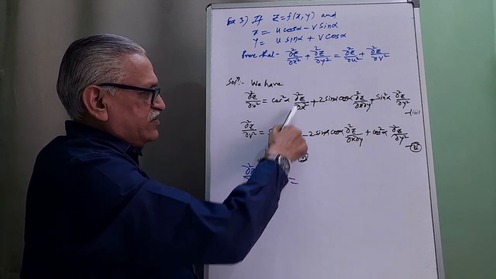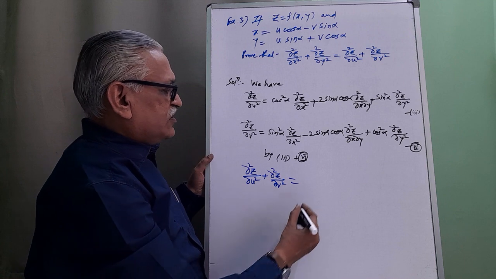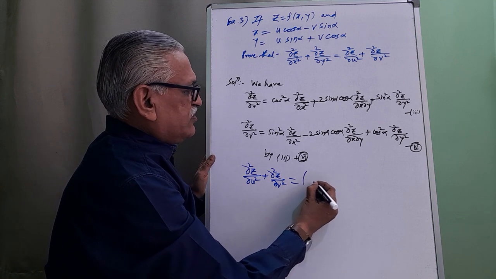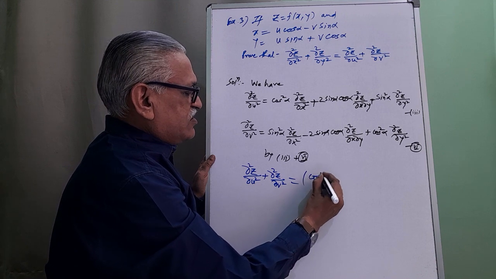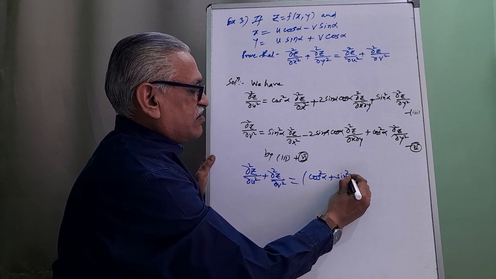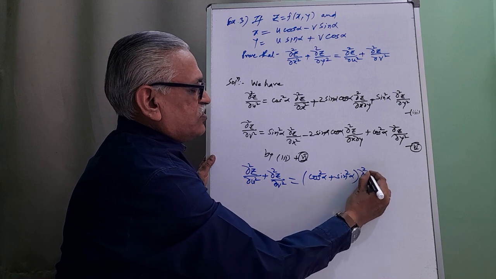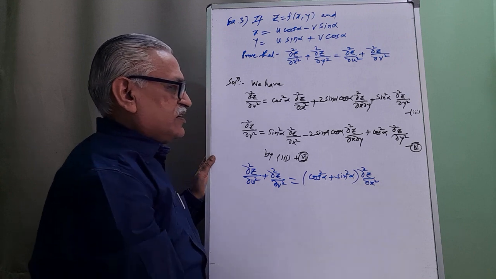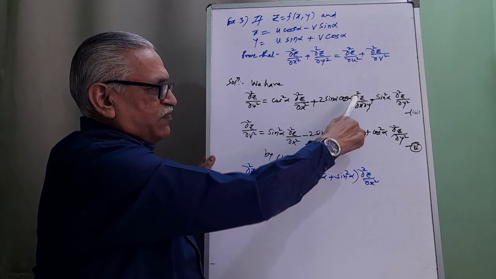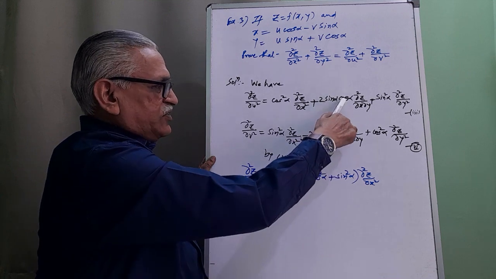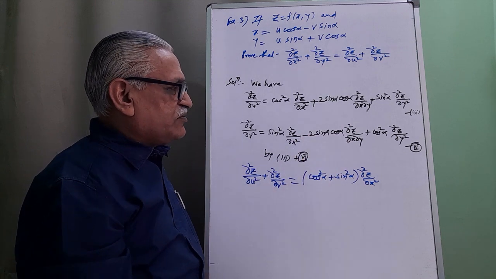Therefore, when we add these first terms, we can take ∂²z/∂x² common. Remaining terms are cos² alpha plus sin² alpha into ∂²z/∂x², plus 2 sin alpha cos alpha cancels with minus 2 sin alpha cos alpha. Therefore, this addition becomes 0.